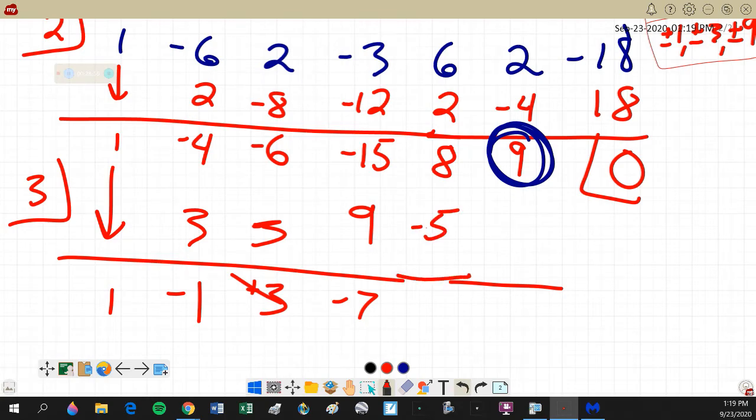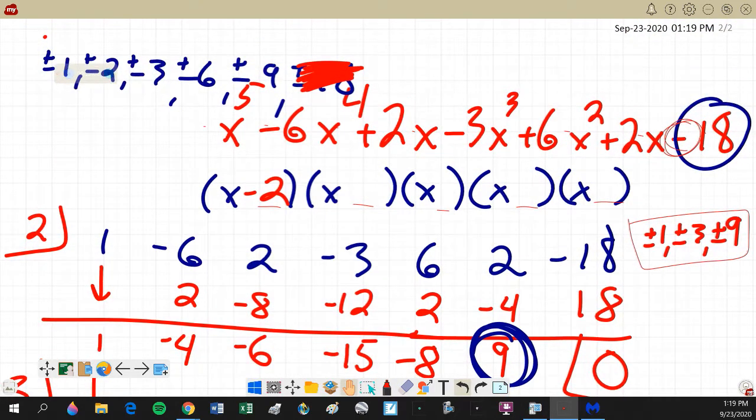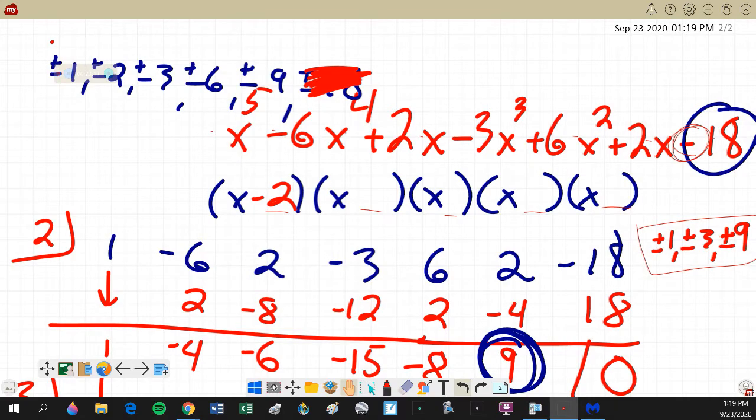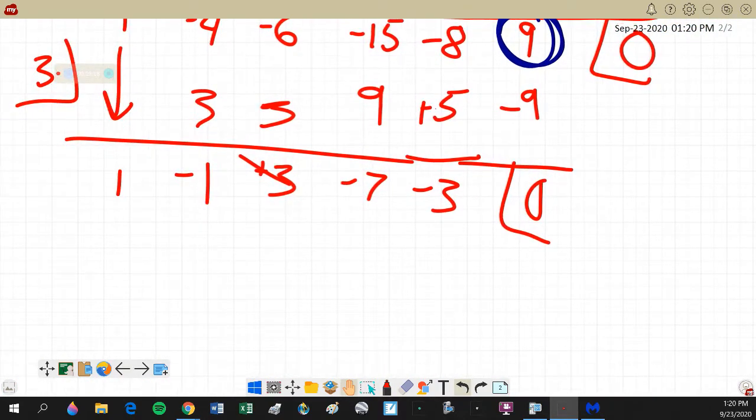Negative 5, and we get negative 3, and I get negative 9, and I get 0, which is not true. So I now know that x plus 3, or x minus 3, is one of the factors. Okay, and what else have I learned? The only possible remaining factors are 1 and 3. Okay? And we really just guess until we get it figured out.